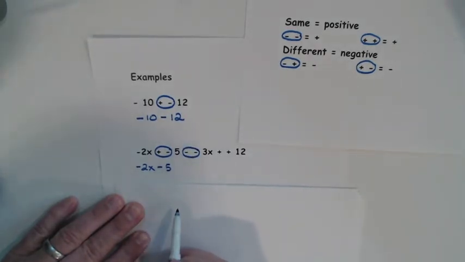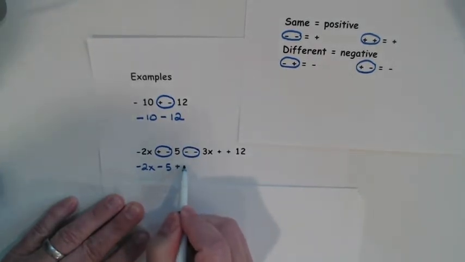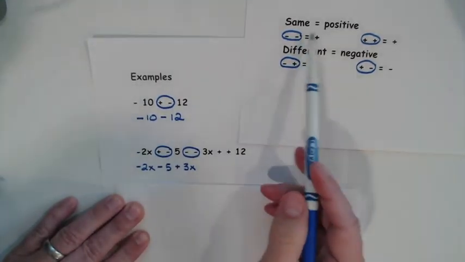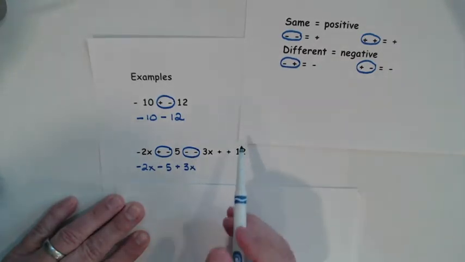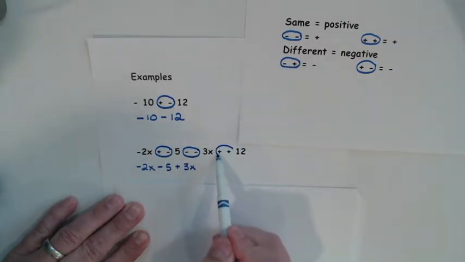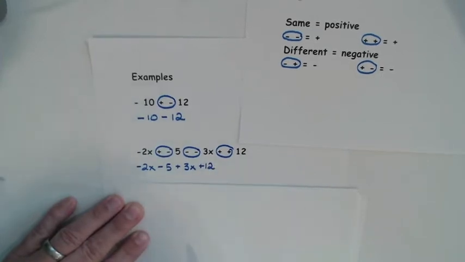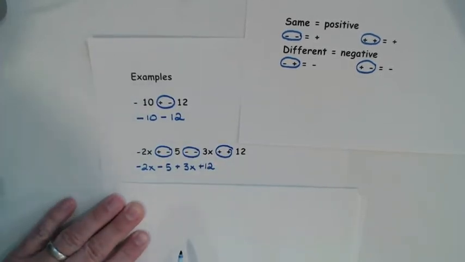I need to multiply them together, put down a positive, because if the signs are the same, it's positive. Same with this one. Look at this. The signs are the same. Now I can tell exactly what sign goes with each one of these numbers. This is a -2, this is a -5, that's a +3, and this is a +12.